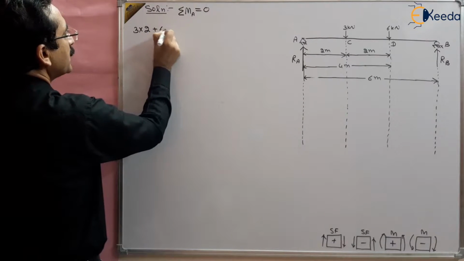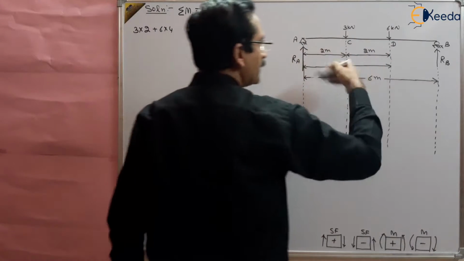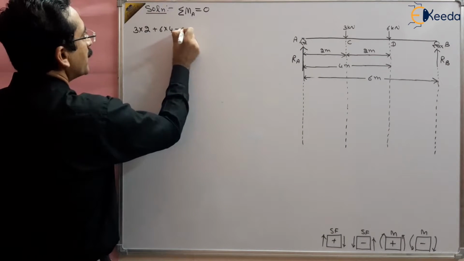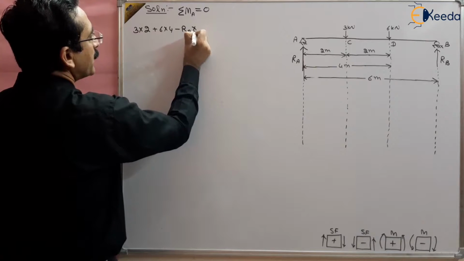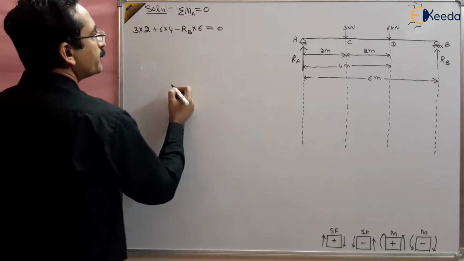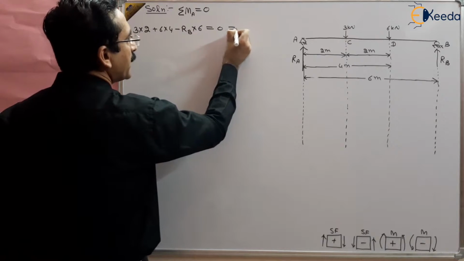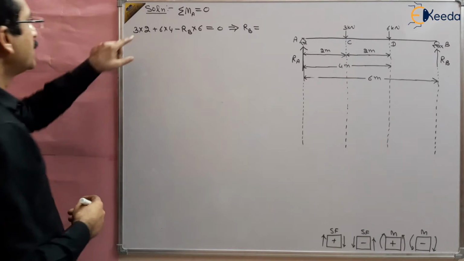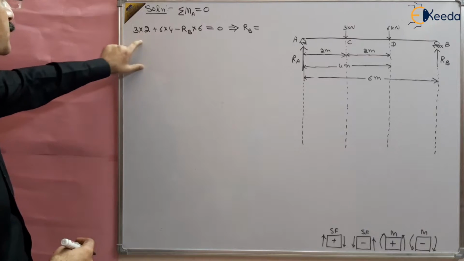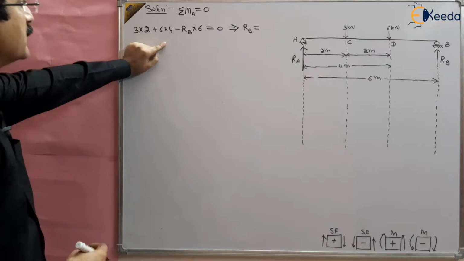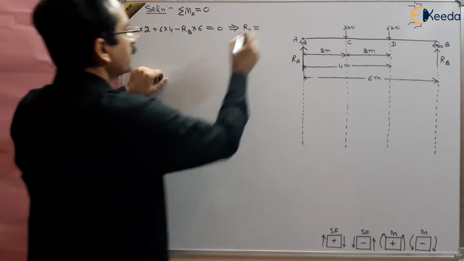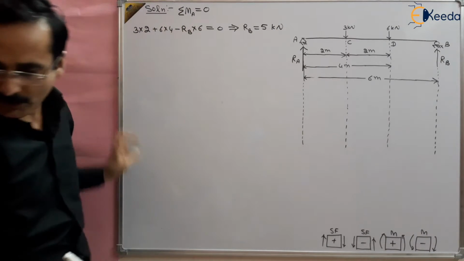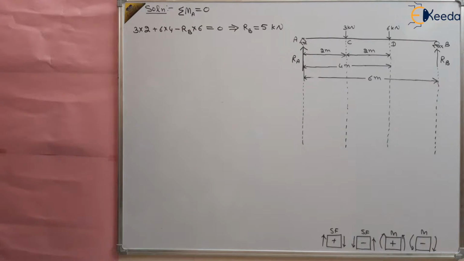Plus 6 multiplied by 4, because it is also clockwise, and RB is anti-clockwise, so minus RB multiplied by 6, that should be equal to 0. So from here you will get the value of RB. This is 6 plus 24, this is 30, 30 by 6 is 5. So RB is 5 kilonewton, right?